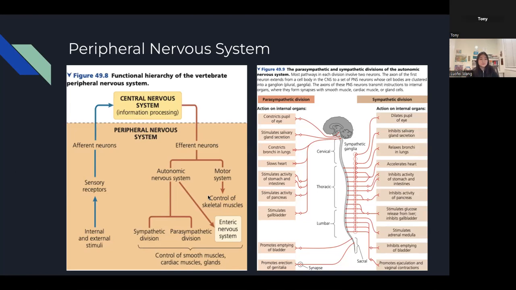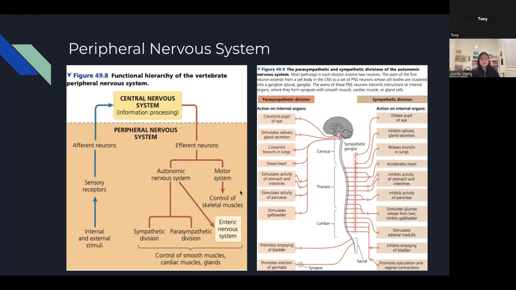Then the autonomic nervous system divides into the sympathetic division, the parasympathetic division, and also the enteric nervous system. The sympathetic division is responsible for arousal, like when you're nervous, maybe your heart will accelerate, your digestive activity is inhibited, and glucose will be released from the liver.